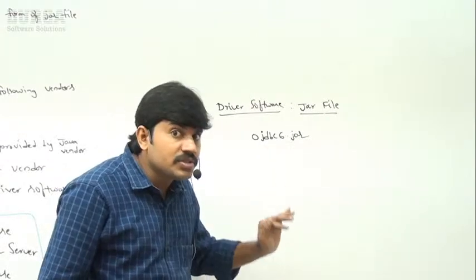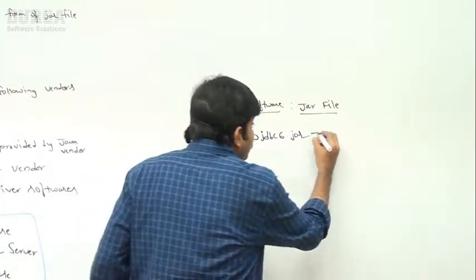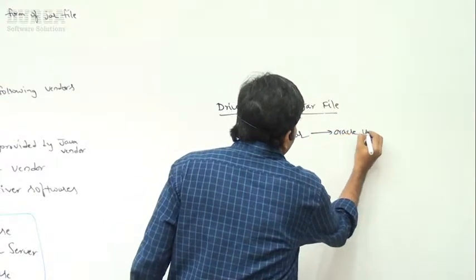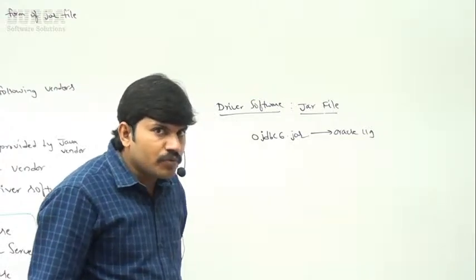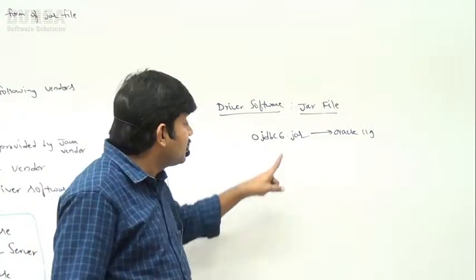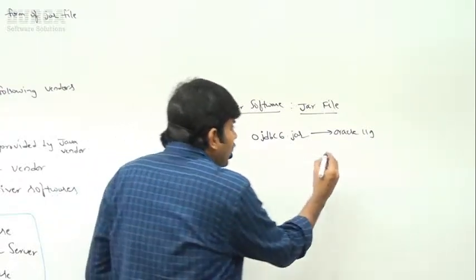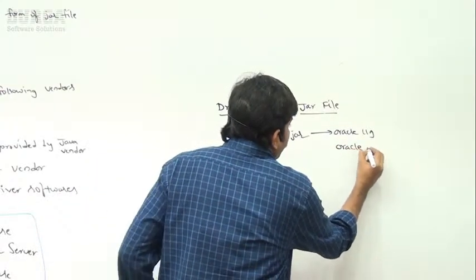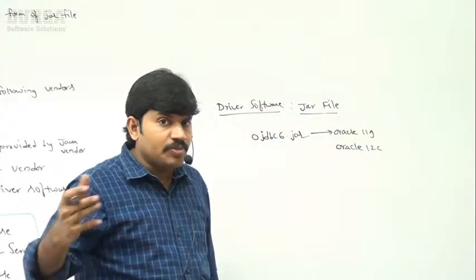OJDBC6.jar. If you want to communicate with Oracle 11G, then we are required to use which one, sir? OJDBC6.jar. This is the driver software, right? Sir, I want to connect with Oracle 12C. Can you please provide driver software?